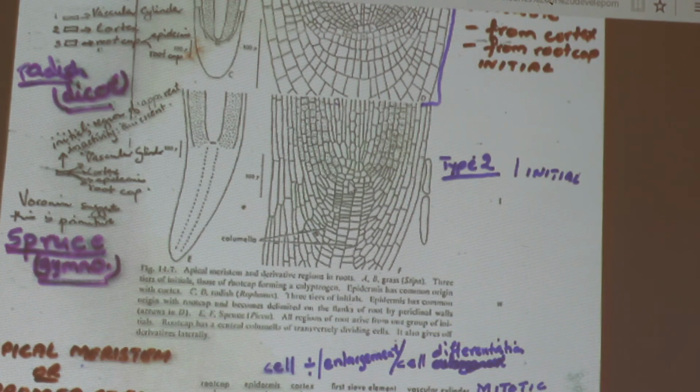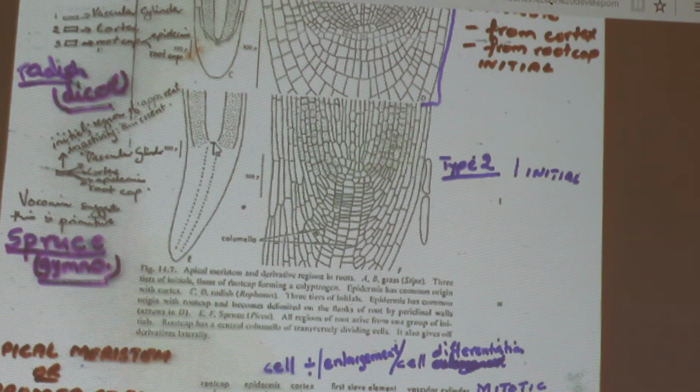Let us look at this individual cell, and we can see how this individual cell can produce all these cells by anticlinal and periclinal divisions. Now, this is the interpretation. This interpretation, which was also observed by Voronin, says there is a single initial, and from this initial we get the vascular system, we get the cortex. From this initial we also get the epidermis.